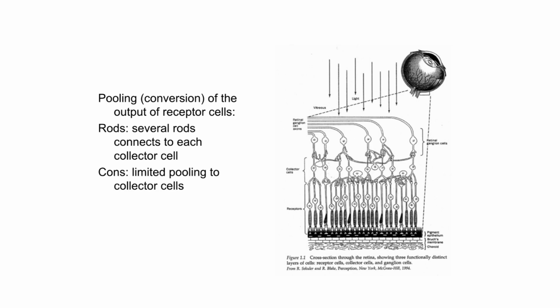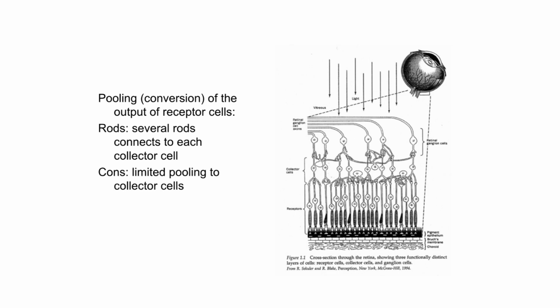The semantics behind this concept, the connection between rods and collector cells, and cones and collector cells, is that rods are there to give us sight in low luminous environments. So they have to provide all they have to the collector cell so that the collector cell can filter and create some kind of sight.